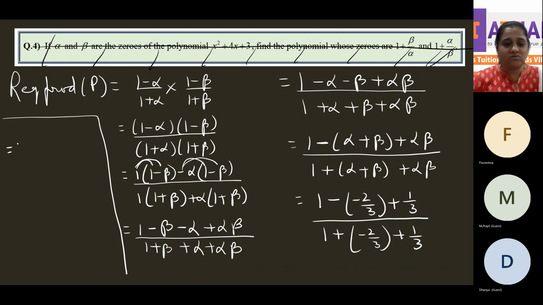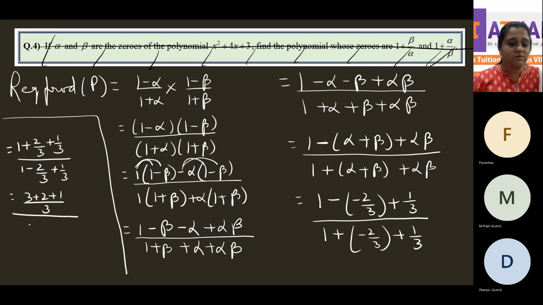Is equal to 1 plus 2 by 3 plus 1 by 3 divided by 1 minus 2 by 3 plus 1 by 3. Now LCM. 3 plus 2 plus 1 by 3 divided by 3 minus 2 plus 1 by 3. 6 by 3 divided by 2 by 3.